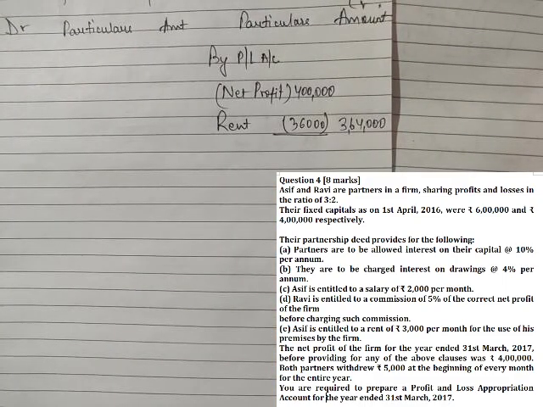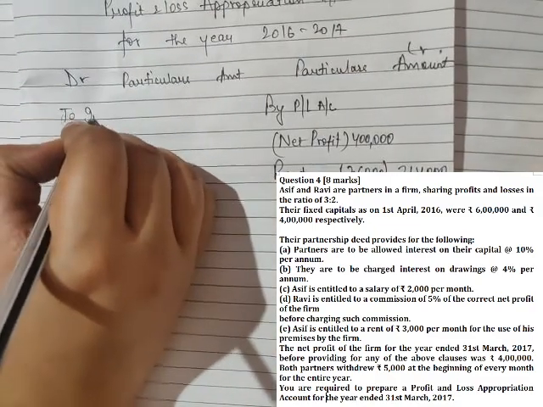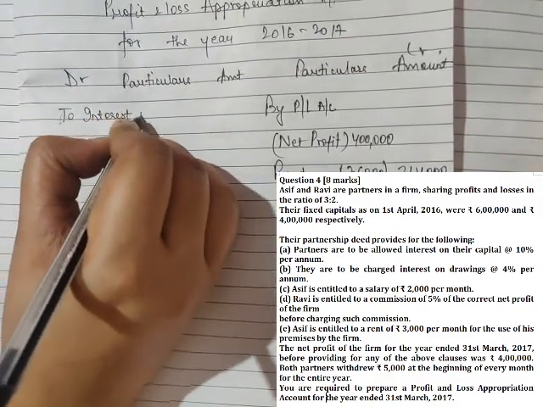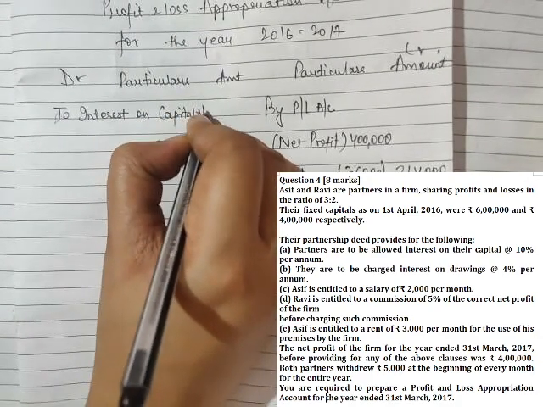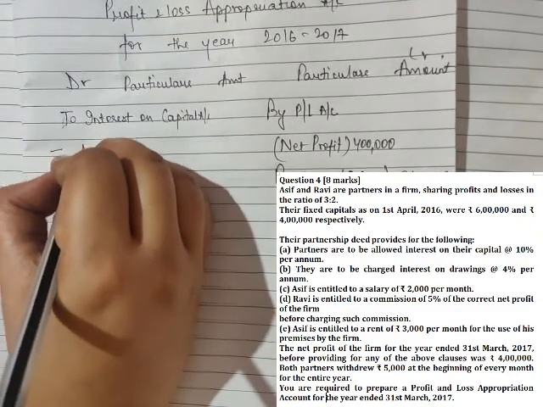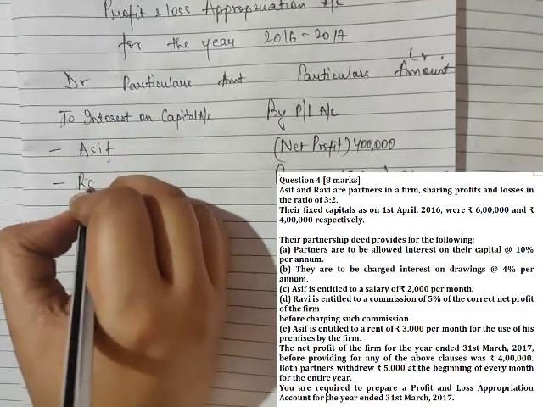First, it is given that the partners are to be allowed interest on their capital at the rate of 10% per annum. So this is an expense, interest on capital account. First is Asif and second is Ravi.